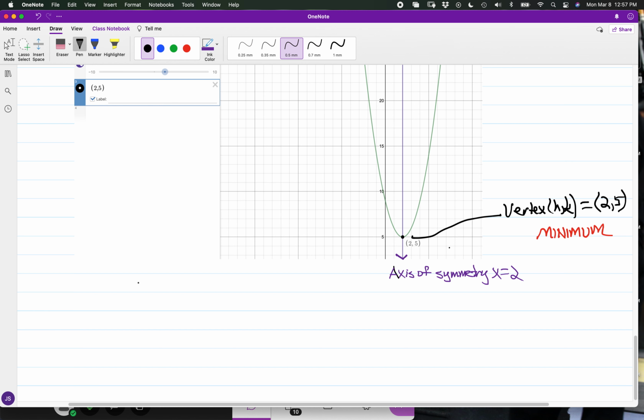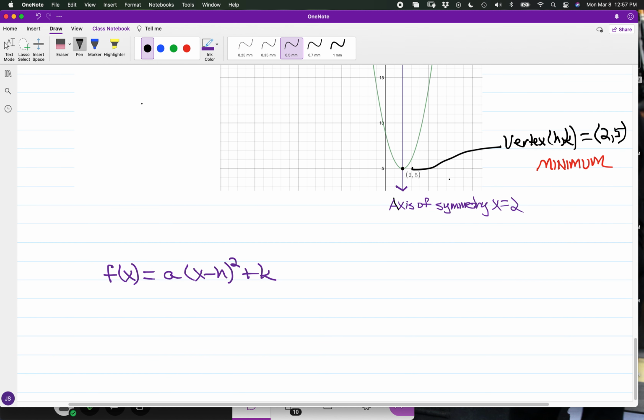Again, for the general layout of the vertex form, let's say we have the function to be negative 2 times the square of x plus 5 followed by the subtraction of 10.